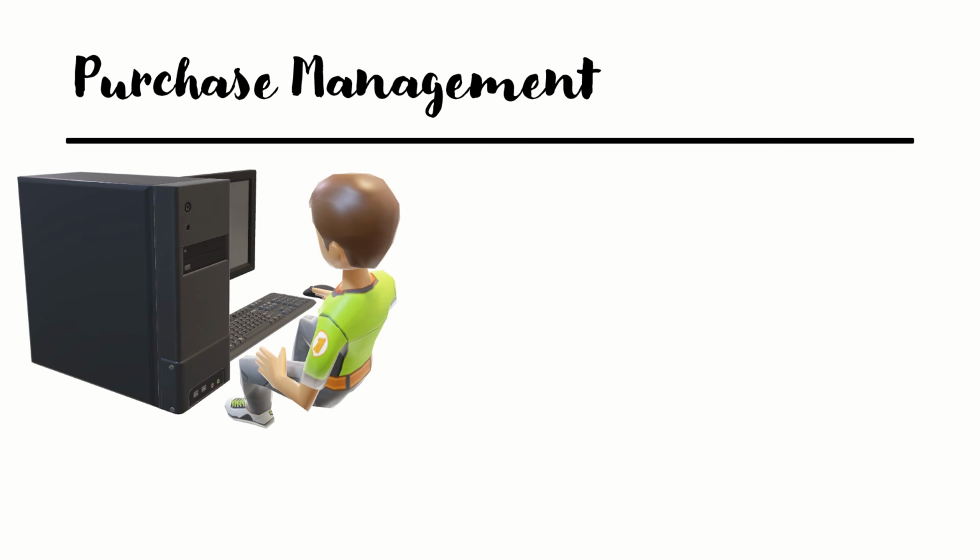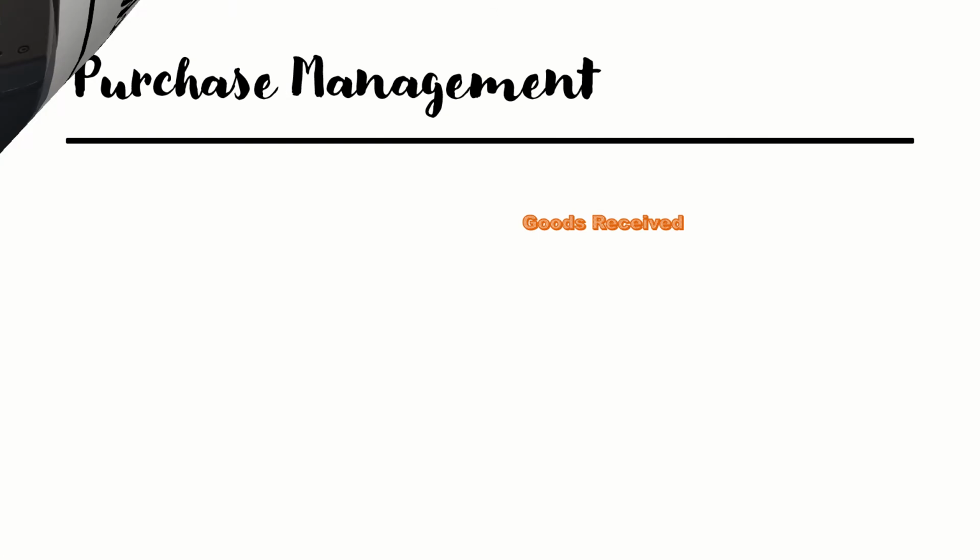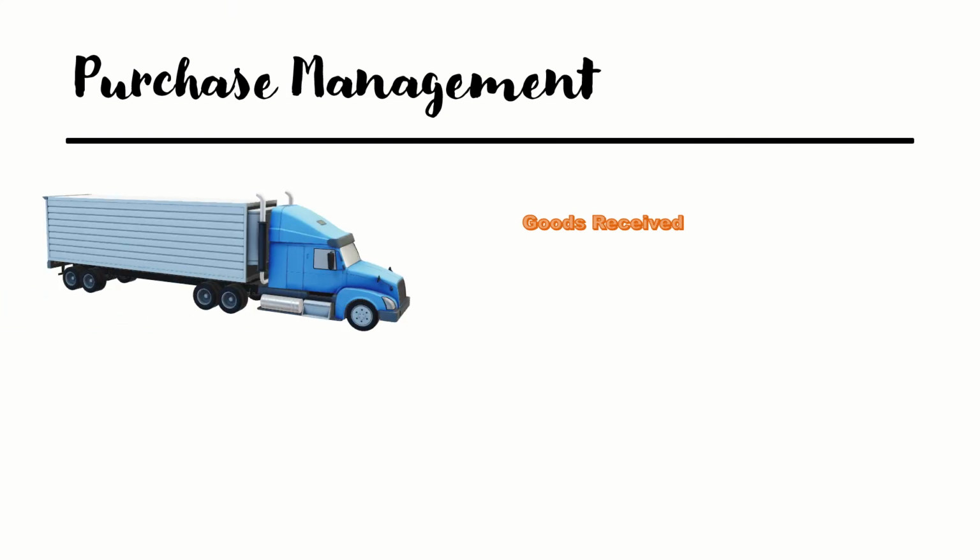Let us see one example for purchase management. How do we start purchase management in Tally ERP? When you do a purchase, you first place an order. The order must be placed first. In Tally ERP, first you have to place the purchase order. Once you make the purchase order, we go for the next step, goods received. When the material is physically received, you can make the entries.